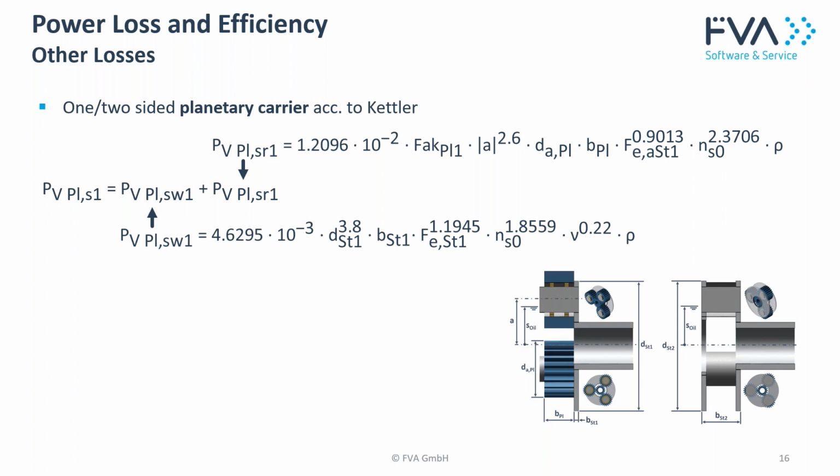At the one-sided planetary carrier, we analyze the planets which are splashing into the oil because of the rotation of the planetary carrier. And at the two-sided planetary carrier, we have a closed package with the planets inside. So we only analyze the outer package geometry and not the single planets for the splashing. The splashing of the rotation of the planets itself will be analyzed separately at the gear mesh.